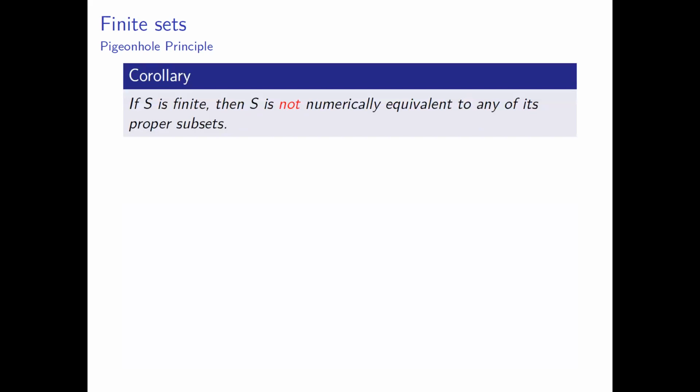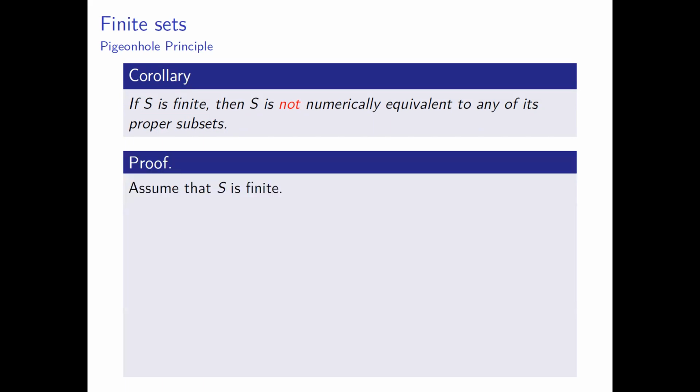The next result is a generalization of the previous corollary. If S is finite, then S is not numerically equivalent to any of its proper subsets. To prove, assume that S is finite. Two things may happen. Either S is empty or S is non-empty.